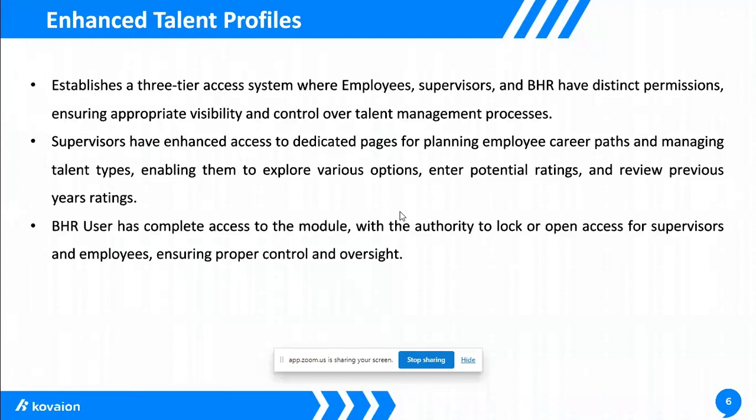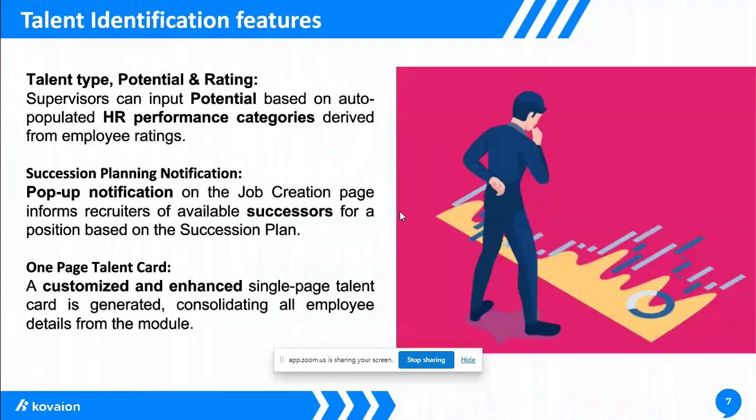So yeah, then we'll see the talent identification features. Identifying the talent within the organization is critical for succession planning. When I say talent identification, we have certain features, that is talent type and potential rating. As we discussed earlier, the potential rating is inputted by the supervisor only.